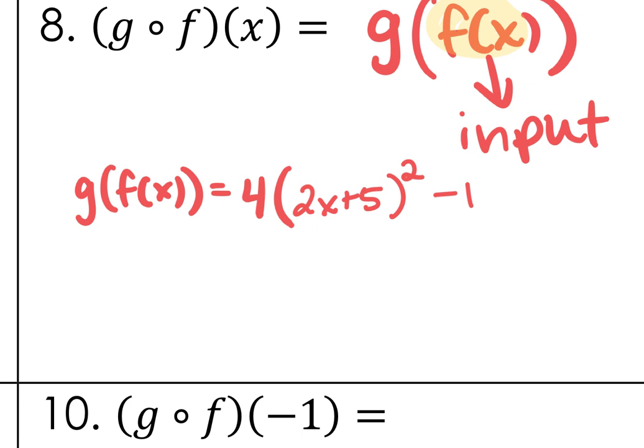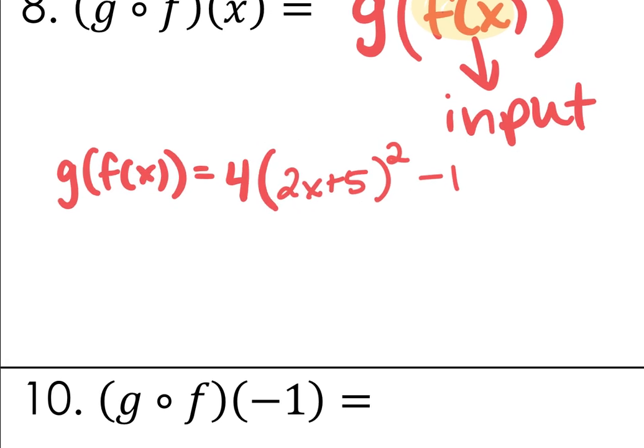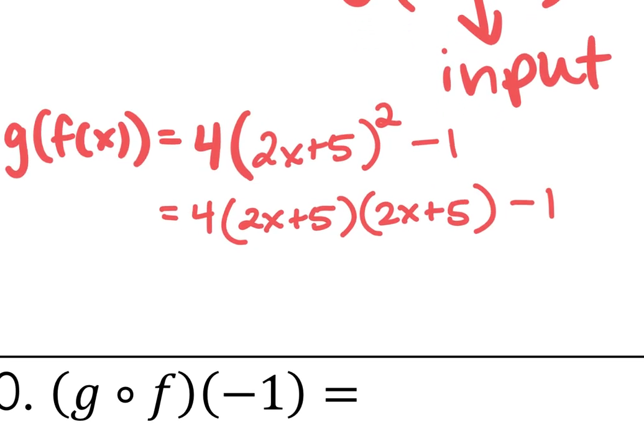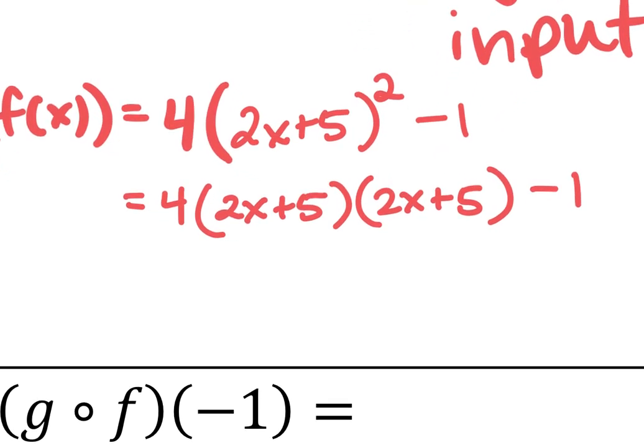And just like with 1.3, now that we've plugged it in, we're going to simplify the right side of the equal sign. So we're going to start with squaring that binomial: 4 times 2x plus 5 times 2x plus 5, and then minus 1. Then we'll multiply these two binomials, again using the FOIL method.